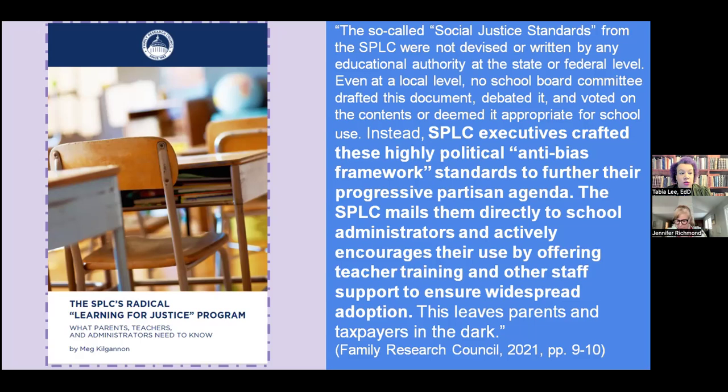These standards were developed in an undemocratic way by an organization that just claimed the banner of social justice, and they are definitely advancing a critical social justice ideology and identitarian politics, which many groups find deeply concerning, but that doesn't stop the fact that the standards are in use in K through 12 schools throughout America.